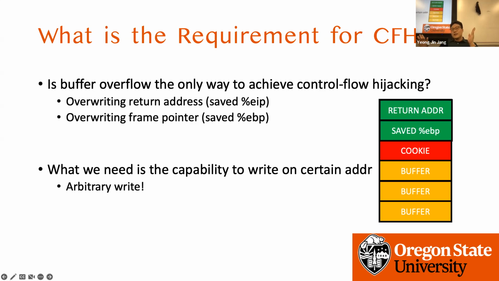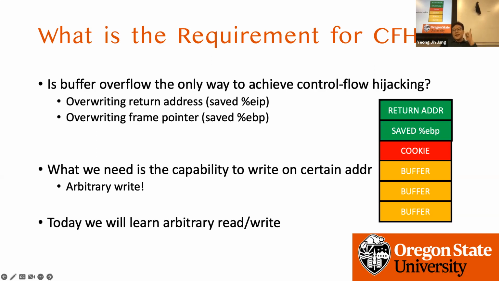But if you can read from an arbitrary address, that also satisfies the precondition to avoid ASLR and launch the control flow hijacking attack. So basically, what we need is arbitrary read and arbitrary write. Then we can do whatever we want. And with arbitrary read and write, we can also achieve Turing completeness, which means we can do whatever we want on the system.